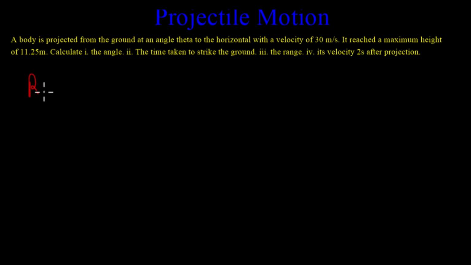We know that the range is simply given as v naught squared sine 2 theta, everything divided by g. So what don't we know? We know the value of theta, v naught and g. So this is simply a straightforward answer.